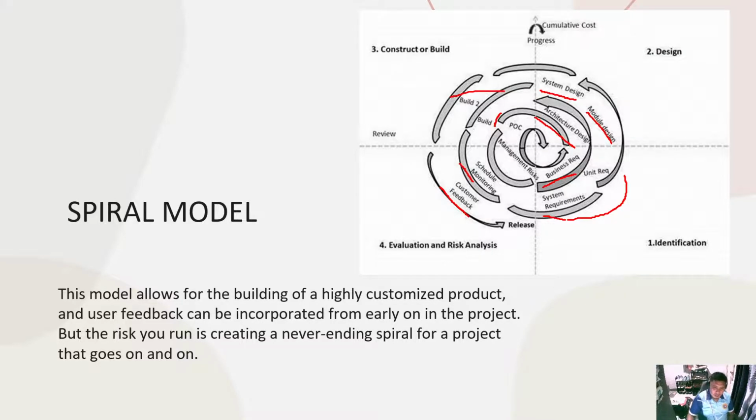So it's very helpful for you because every spiral that you have always evolves in the four phases of SDLC. So this one is more flexible. So you can create much more compared to the V-shape and the waterfall model.